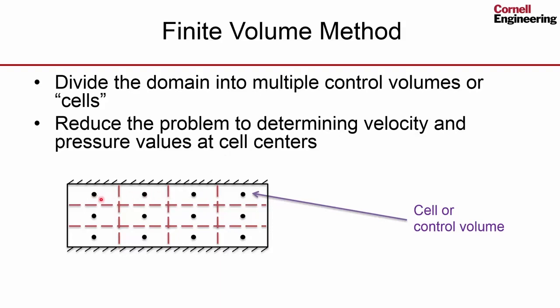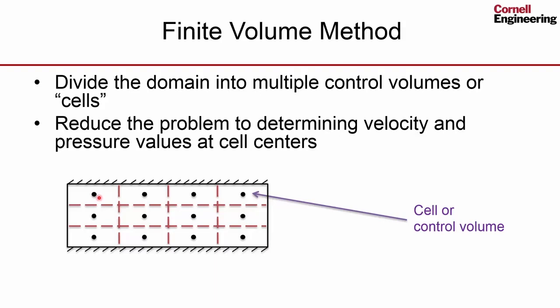And at each cell center, I need to determine velocity, which I have two components, and pressure. So I have 3 unknowns at each cell center, and I have 12 cells, so I have a total of 36 unknowns. So I've reduced the problem from determining 3 unknown functions to 36 values, and that's a big reduction.